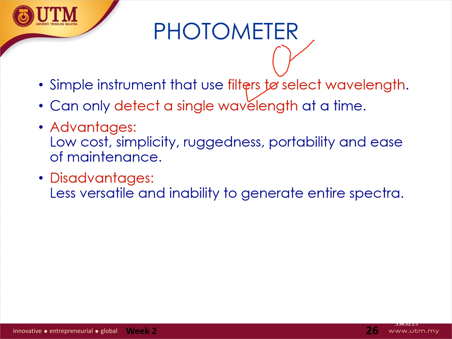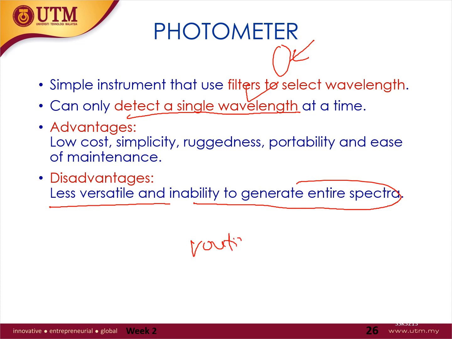And when it comes to filter, it can only detect a single wavelength at one time. Therefore, this is not versatile and cannot generate entire spectra. But does this mean photometer is not useful at all? It doesn't mean that. It means that the photometer is only suitable for routine analysis.